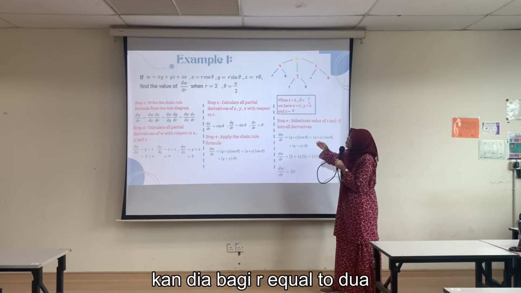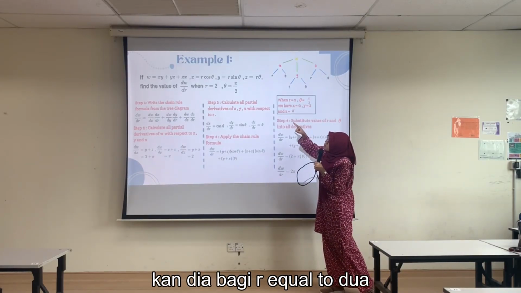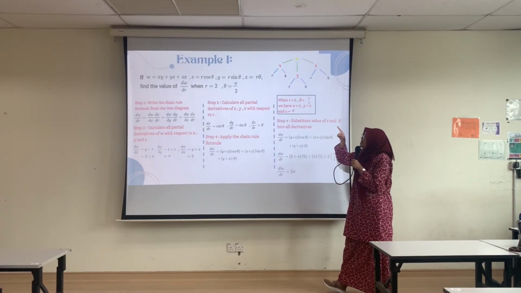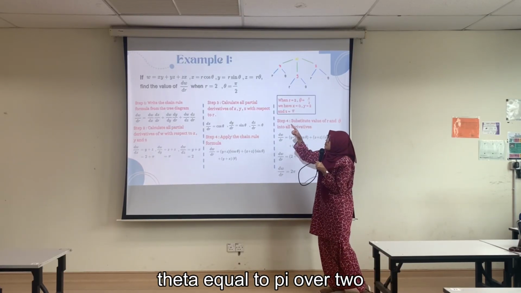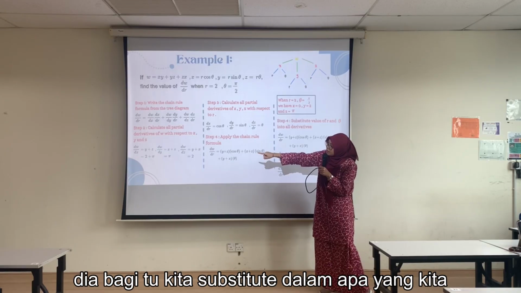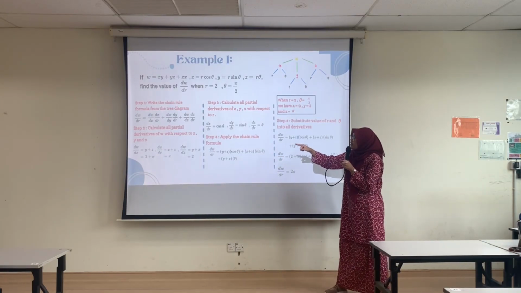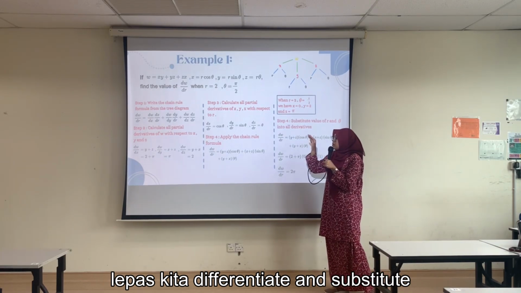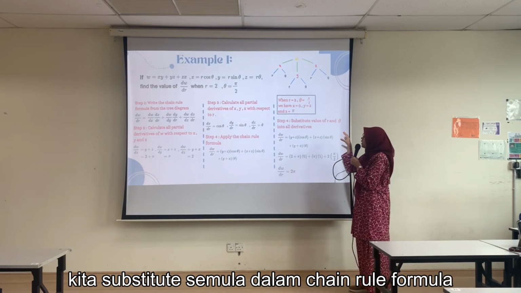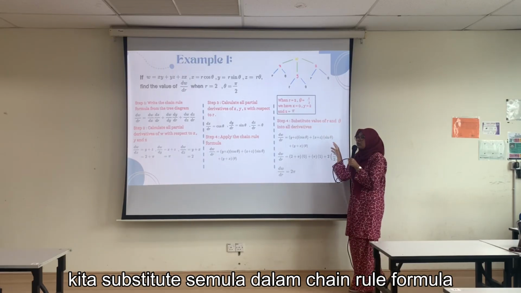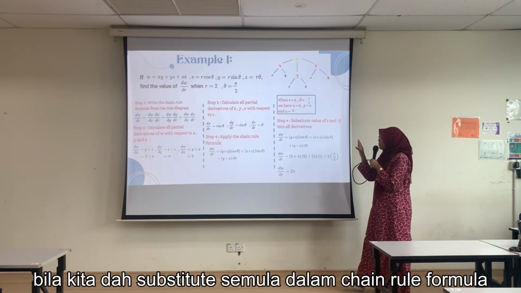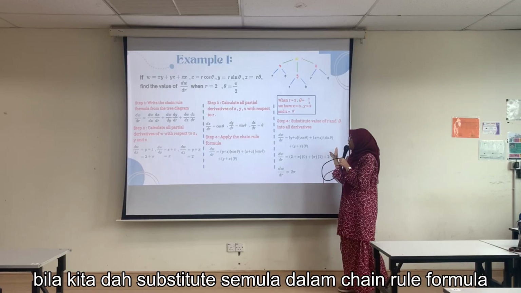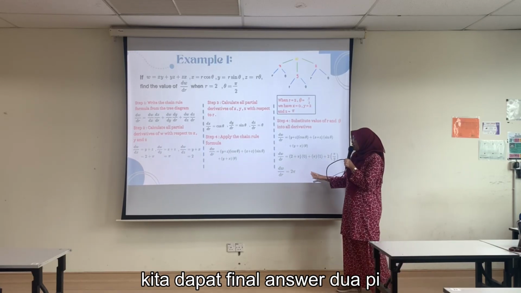And kan dia bagi r equal to 2, theta equal to pi over 2. Lepas dia bagi kita substitute dalam apa yang kita differentiate tadi. Lepas kita differentiate and substitute, kita substitute semula dalam chain rule formula. Bila kita dah substitute semula dalam chain rule formula, kita dapat final answer 2 pi.